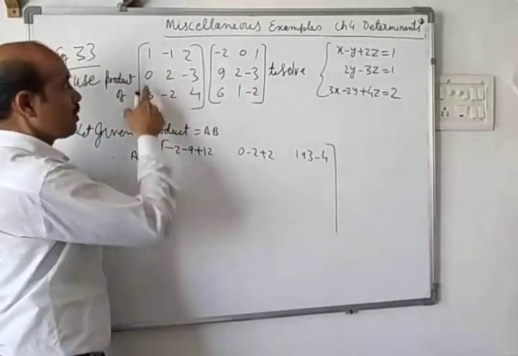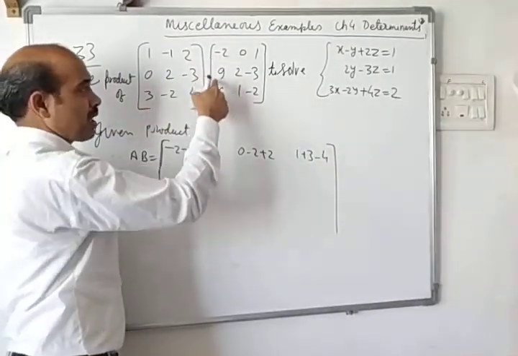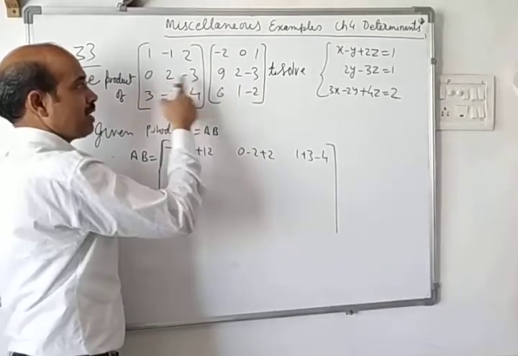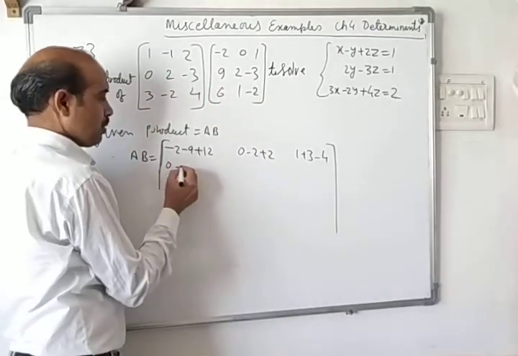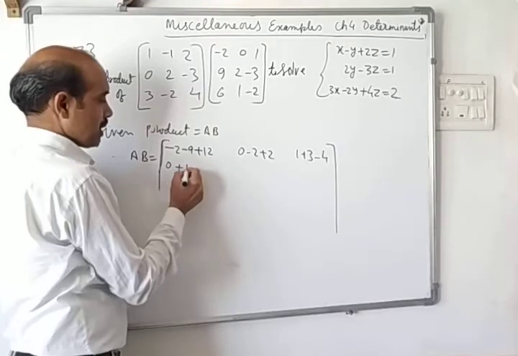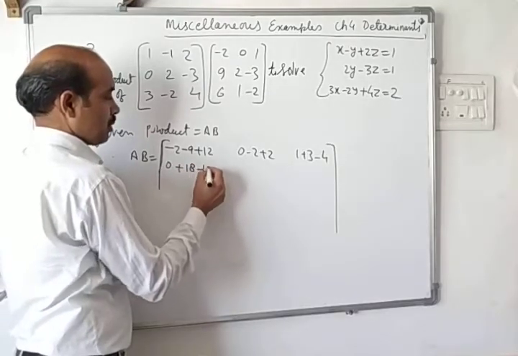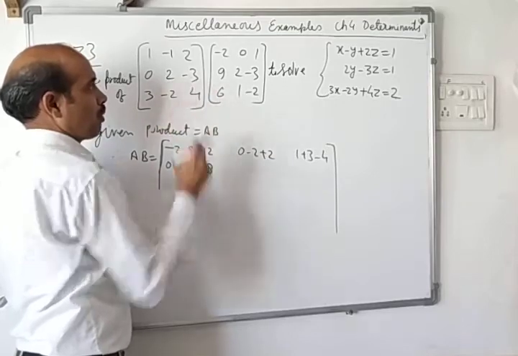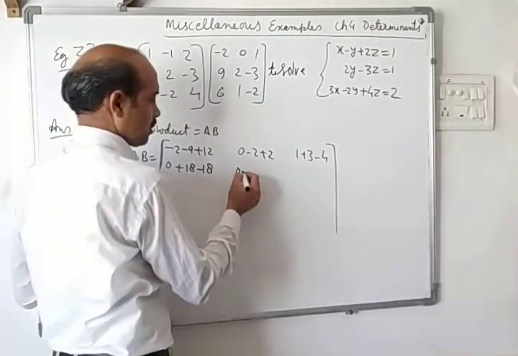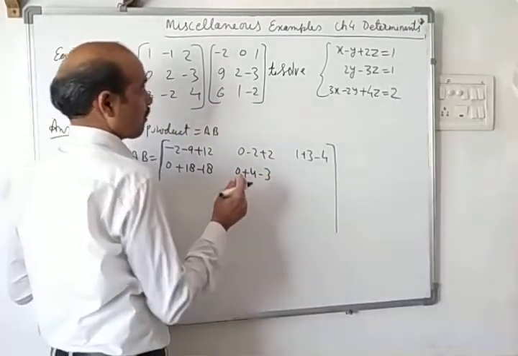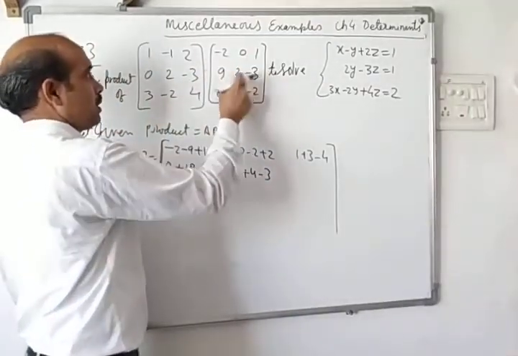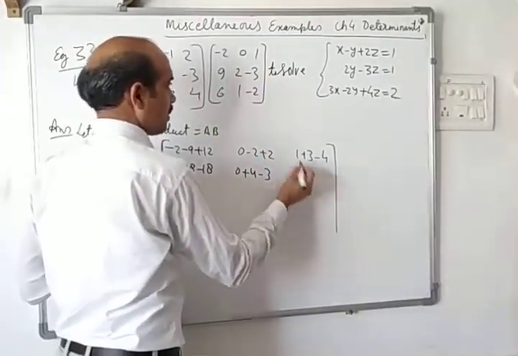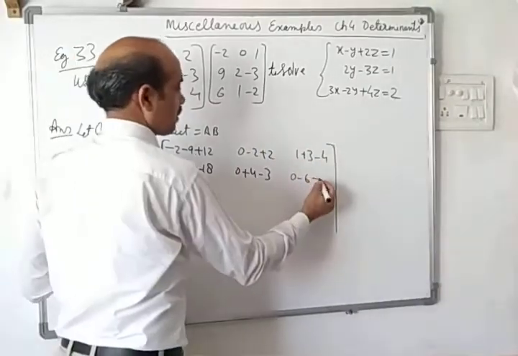Now second row, first column, this is 0, 18 -18, so 0 +18 -18. For second 0, 4 -3. For third 0 -6 +6.